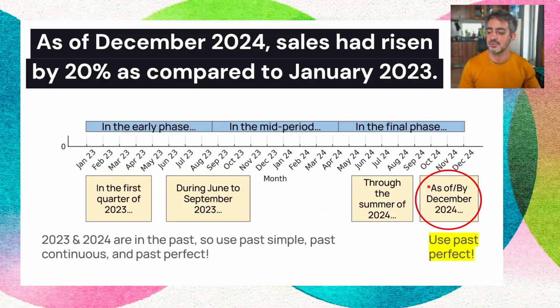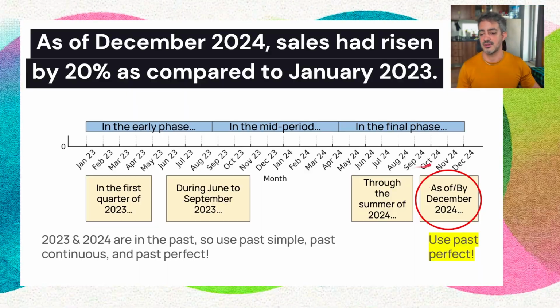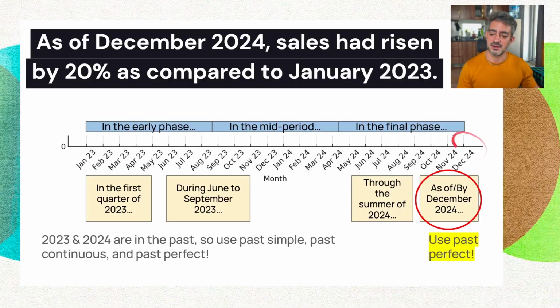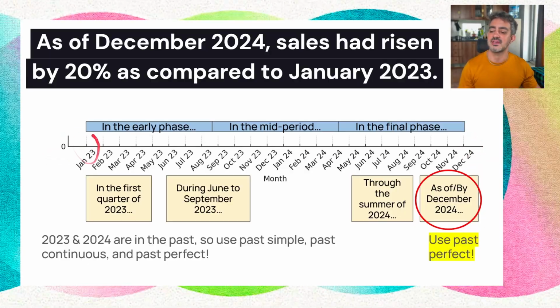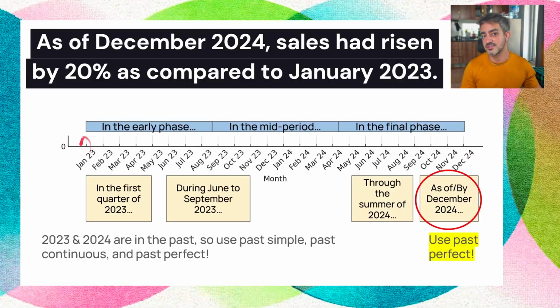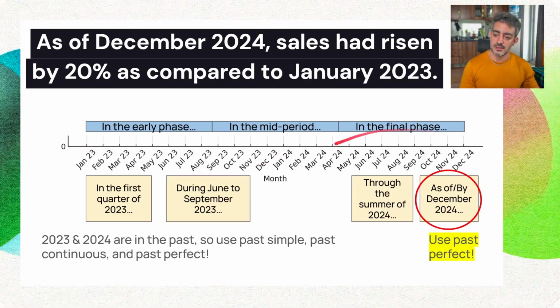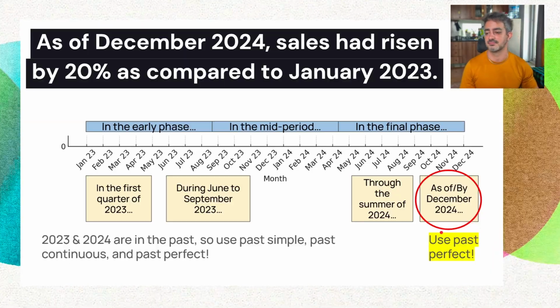That's not an exact number, but you get what I mean. So if you want to compare how the data is different at the end of the year compared to the beginning of the first point or even that year, you could use past perfect. All right.